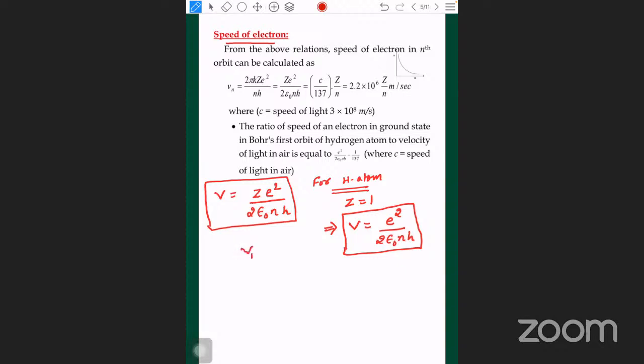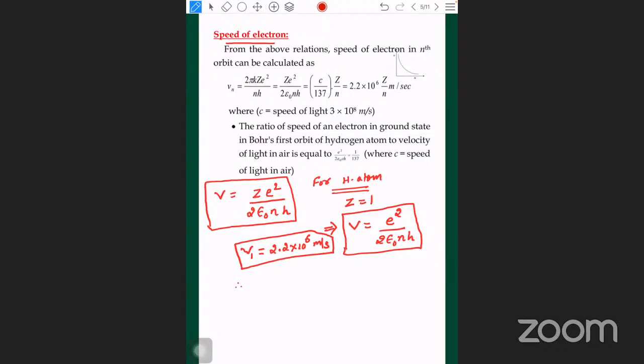Can you tell me what is the velocity in the first orbit? The radius of the first orbit is 0.53 angstrom, and the velocity in the first orbit is 2.2 into 10 power 6 meter per second.